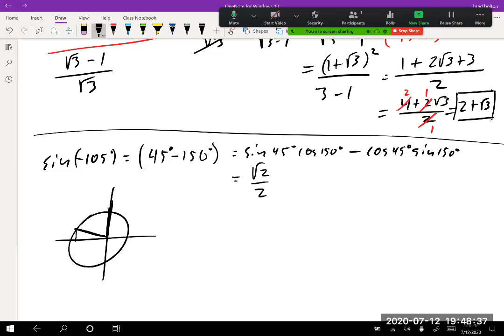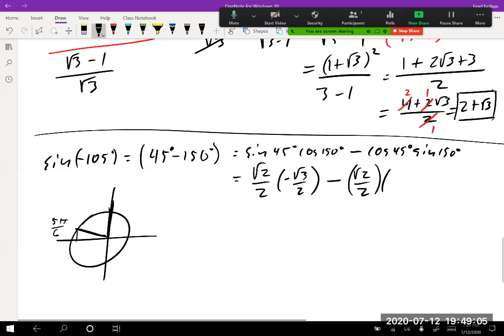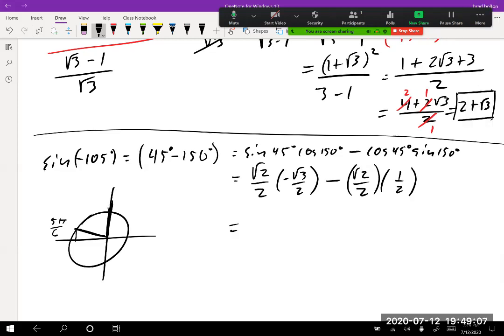So what that means is we actually have 5 pi over 6, which is a 30-degree angle basically, if you're saying how much further do you have to go to get to 180 or to get to pi. So if we have 30 degrees and we're looking for cosine, then we know it is square root 3 over 2, but we also know it's negative because we're in quadrant 2, minus square root 2 over 2 times sine of 150 would be 1/2, but that's positive in that case.